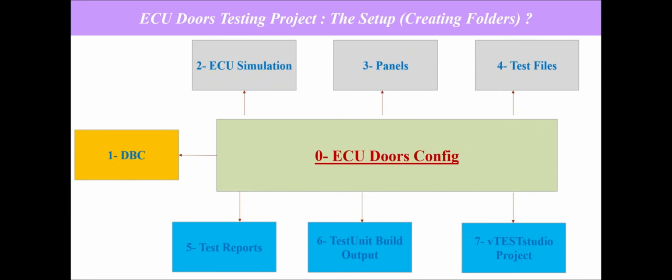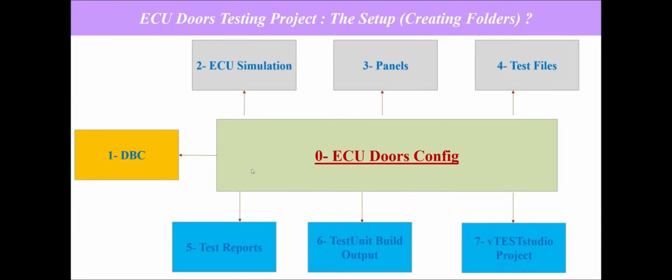And inside this folder, we organize the project into several subfolders, in order to keep everything clear and structured. First we have the DBC folder, which stores the CAN database describing the messages and the signals used in our CAN network.